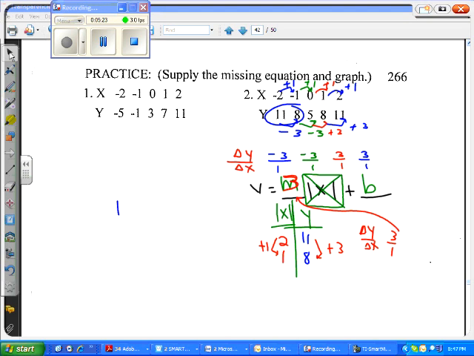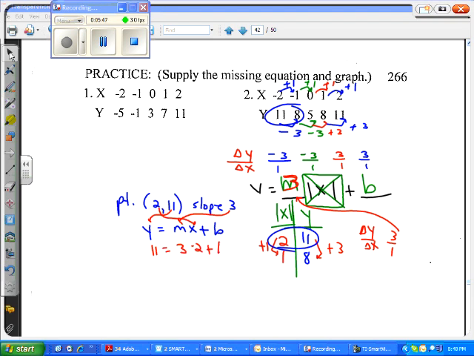And then we're going to pick a point like 2, 11 from our new table and the slope from our new table, and we're going to get the supposed y-intercept out there at the end. We're going to take the y in place of y, slope in place of slope, x in place of x, and solve for b, which is in the y-intercept position.